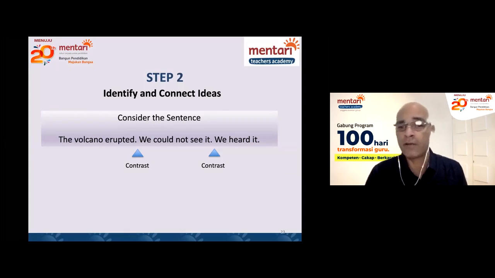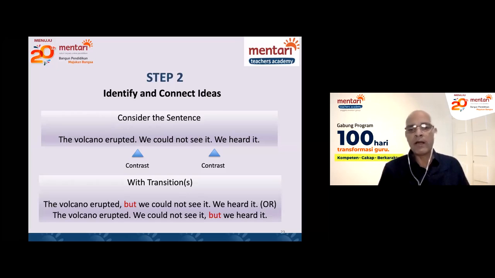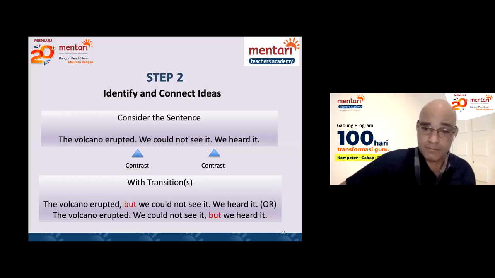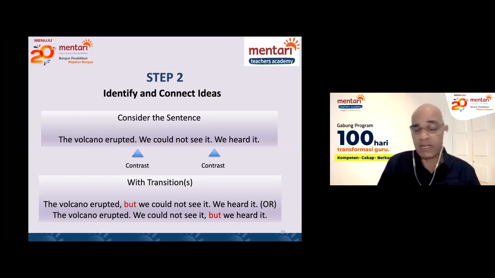The volcano erupted, but we heard it. Or we could not see it, but we heard it. Using just compound sentences, how could this look? The volcano erupted, but we could not see it. We heard it. Or: the volcano erupted, we could not see it, but we heard it. Again, at the very basic level, just using compound sentences here.